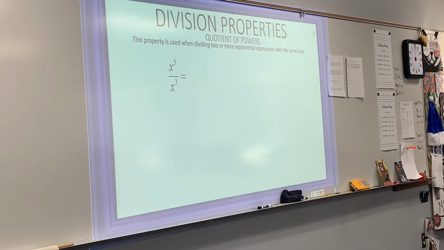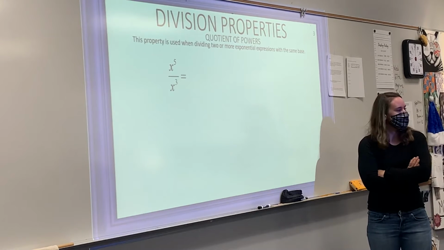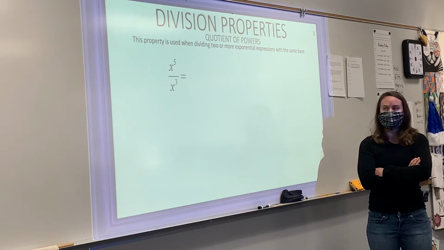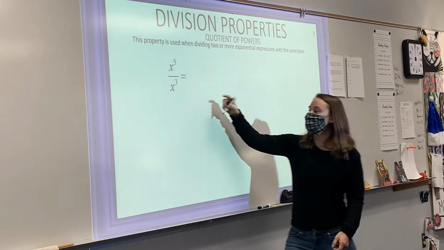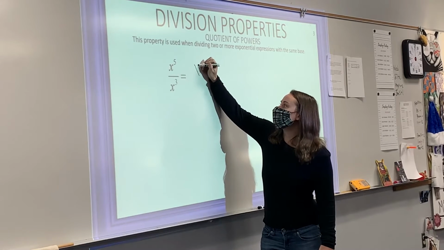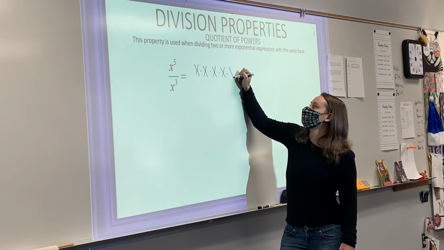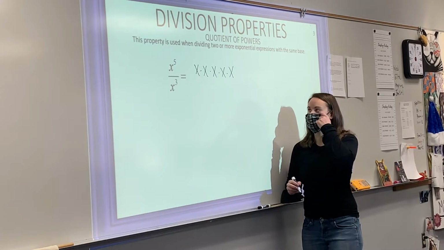All right, so here's an example of why this is true. So go ahead and write x to the 5th divided by x cubed. And we can write this out the long way. So I know x to the 5th is x times x times x times x times x, 5 times.